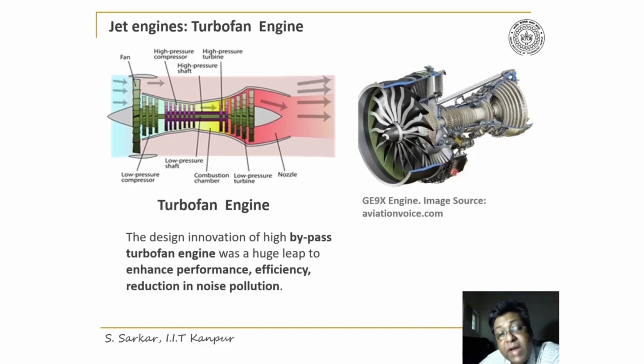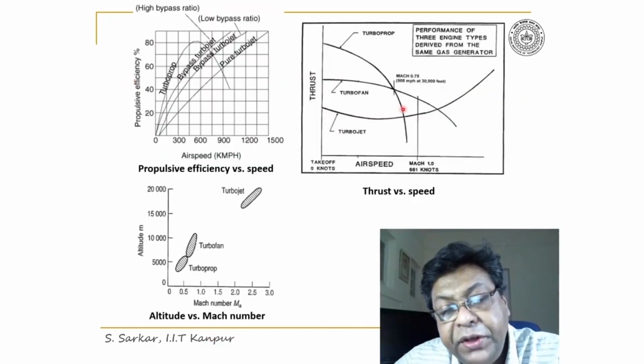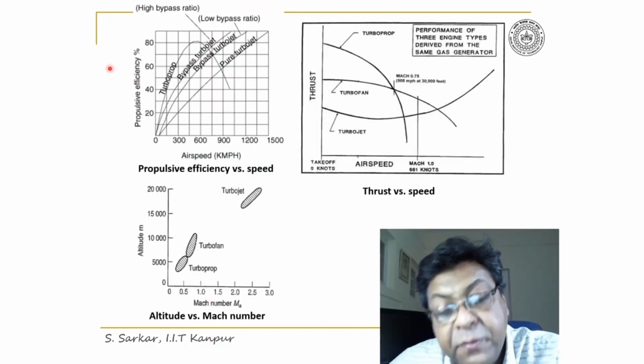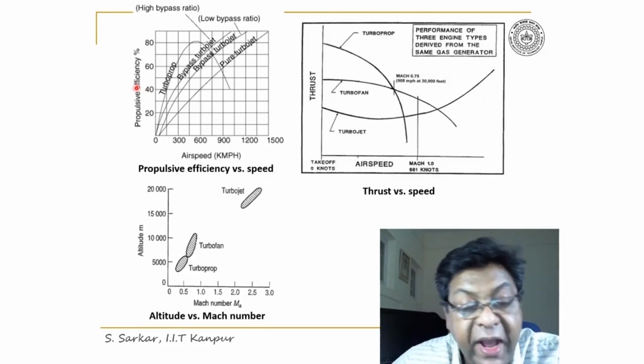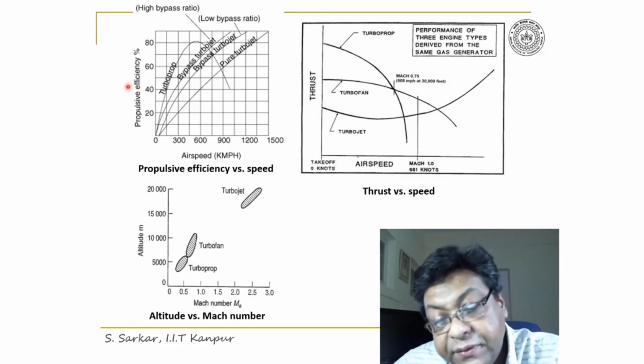Thus, a turbofan engine is characterized by its low specific fuel consumption and low noise level. By these three figures, I have explained the characteristics of turboprop, turbofan, and turbojet engines.